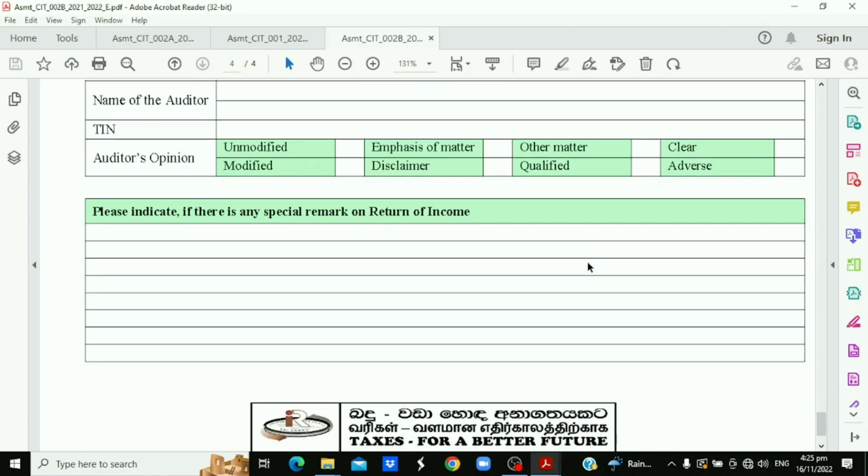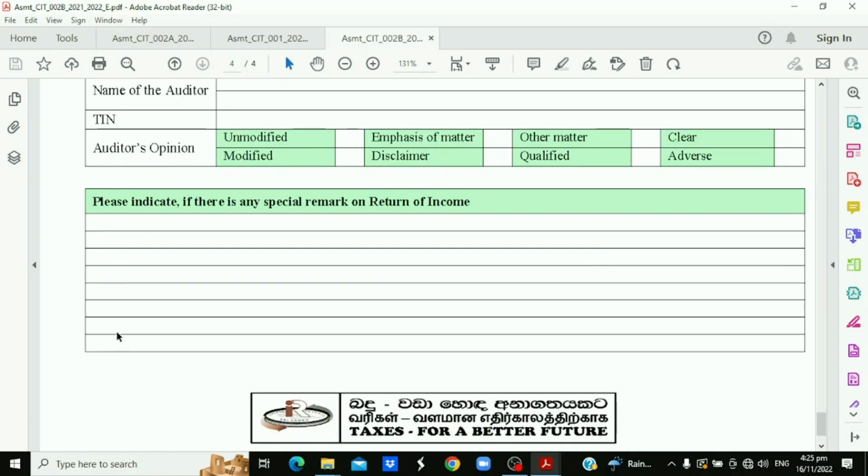Then as a last item, there's a blank space, right? This is the place where you mention special remarks regarding the computations when filing the return of income. Due to the specification of the company or the industry, they may have some special deductions, right? Therefore, if we point out any specific details that would directly affect the tax liability, then you can mention them.